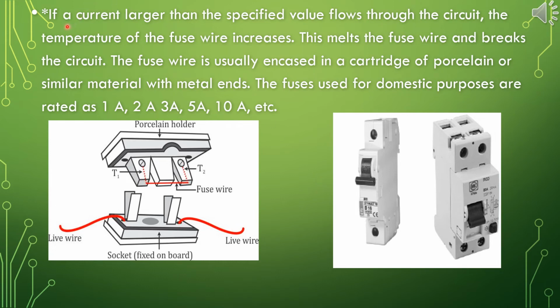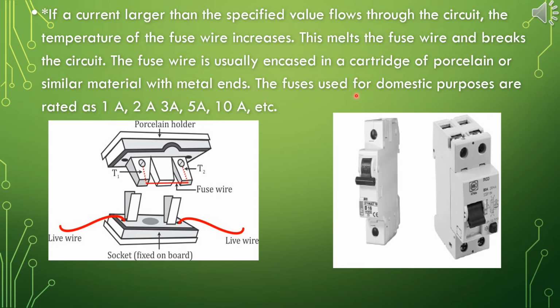Let us understand how a fuse works. Children, if a current larger than a specified value flows through the circuit, the temperature of the fuse wire increases. This melts the fuse wire and breaks the circuit. The fuse wire is usually encased in a cartridge of porcelain or similar material with metal ends.